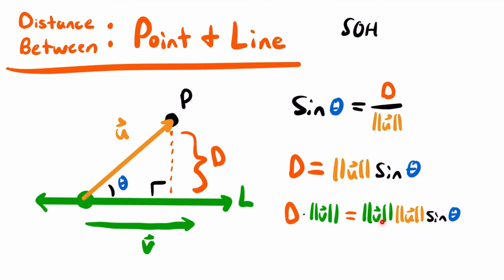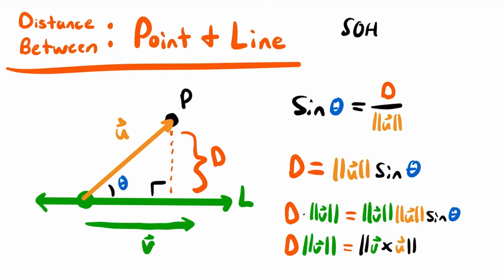And so we have the magnitude of those two vectors multiplied by sine of theta, which if you remember back to the cross product, this is another way to represent the magnitude of a cross product, right? So we would have that the distance multiplied by the magnitude of vector v is equal to the magnitude of the cross product between vector v and vector u. When you multiply the magnitude of two vectors together by sine of the angle between them, that is another way of finding the magnitude of those two vectors' cross product.